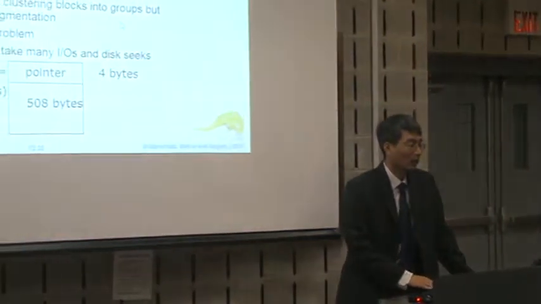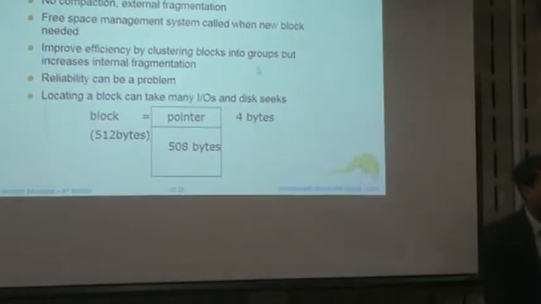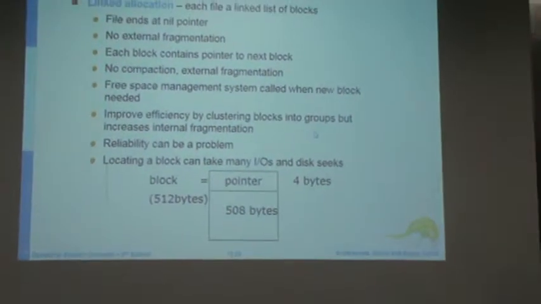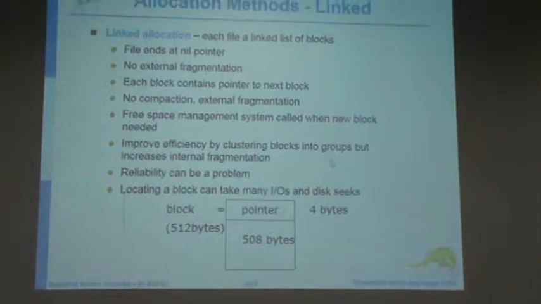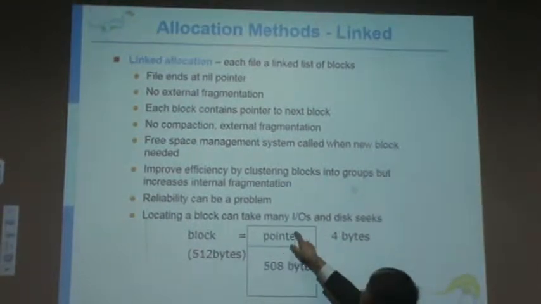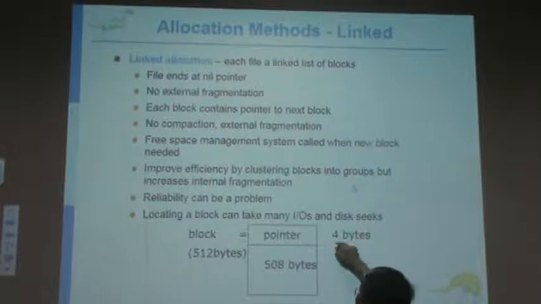However, you need to manage the free space, the free blocks, to allocate the file. Also, reliability can be a problem. What if we lose the link in one of the data blocks, losing the information about the next pointer?